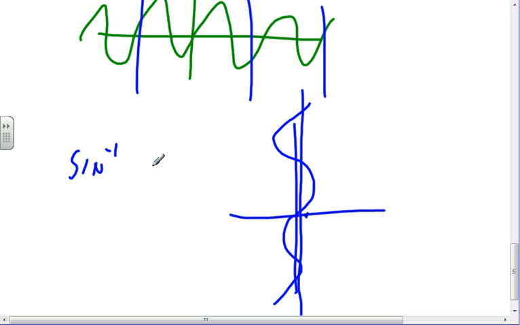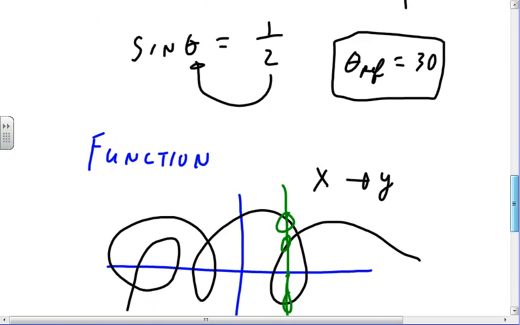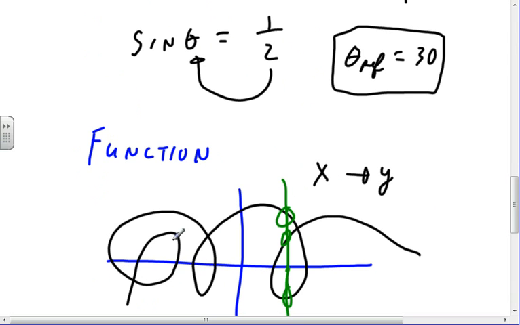We say that we're only looking at him between minus 90 and plus 90. And between minus 90 and plus 90, there's only going to be one answer. Now the arc sine function is a function because I define it on some interval in which it is a function. I do the same thing for cosine, tangent, secant, cosecant, and cotangent. I end up making it a function. But it may not be. So something like that wouldn't be a function.